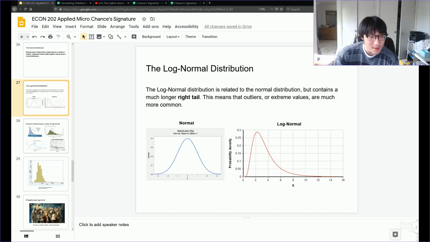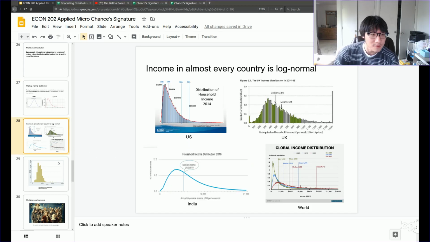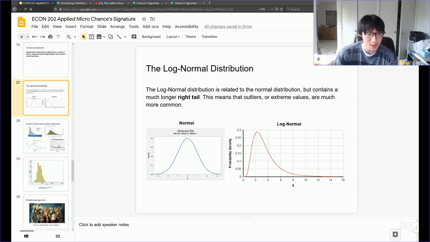Now, as it turns out, many things are log normally distributed, and perhaps the most common one is income. The distribution of incomes in virtually every country is log normally distributed. So here I have the distribution of income for the United States. You can see it's quite similar to this shape here.